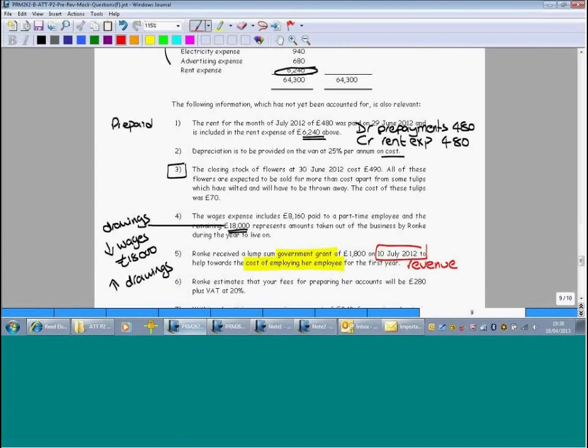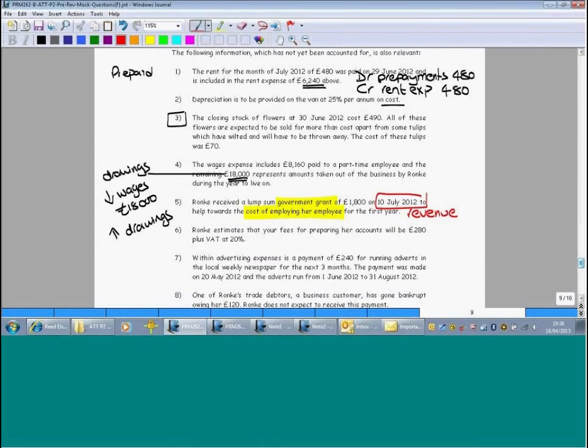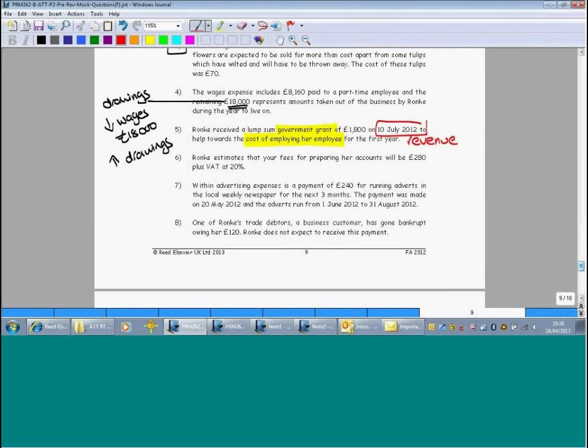Okay, and then the final adjustment that we can see before I scroll down: accountancy fees. You've got to add VAT to them. They haven't been paid at the year end, so that's an accrual. That's going to increase your accountancy fee expense, and you're going to have an accrual in the balance sheet. You've then got a couple of other adjustments. Advertising expenses: you've paid it all on the 1st of June, but some of it relates to after the year end.